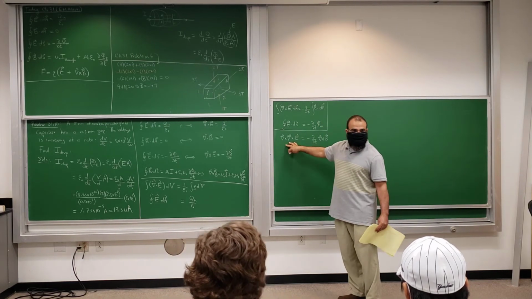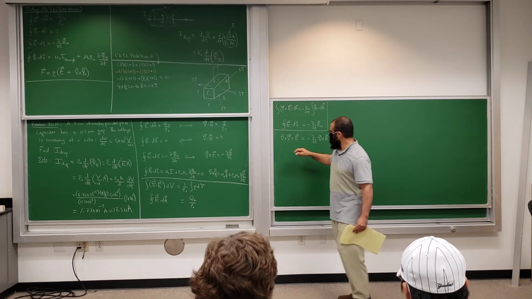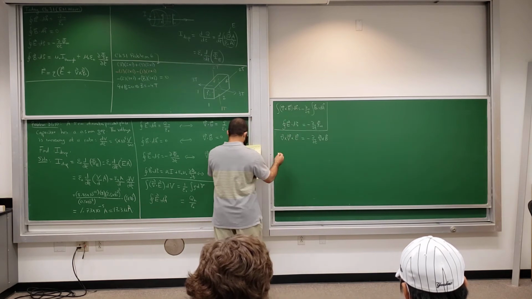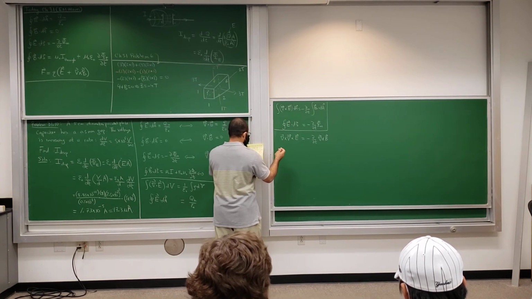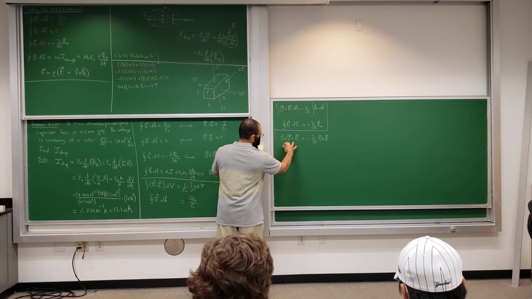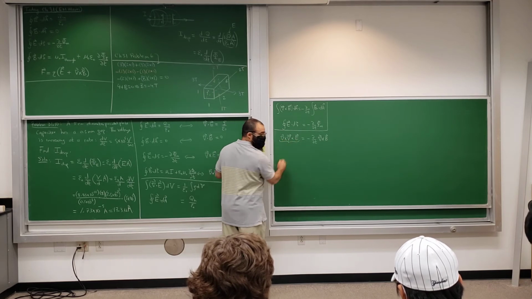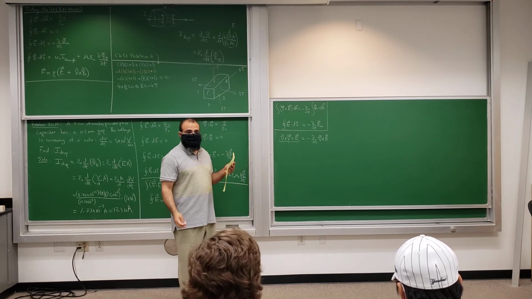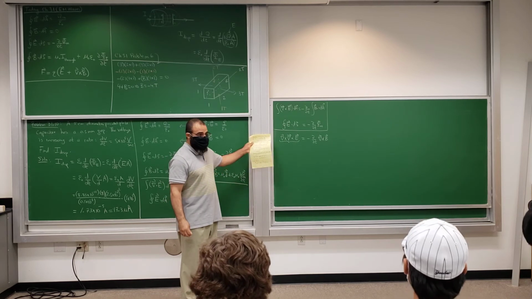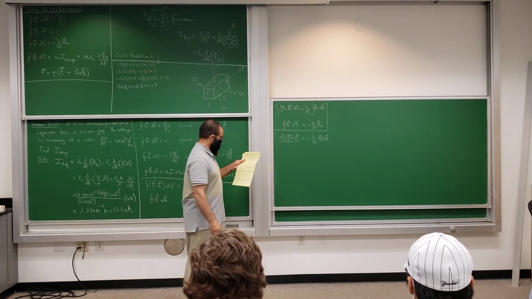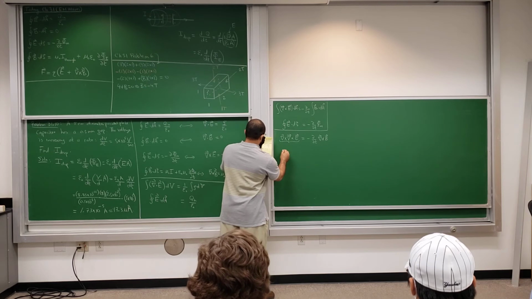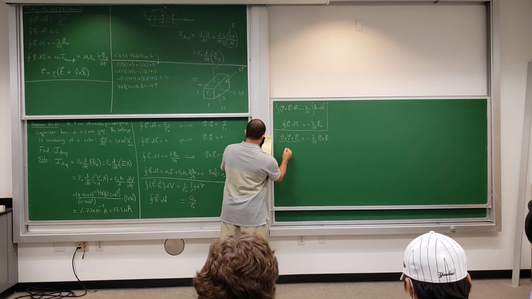There is an identity here, and I will tell you what it is. If I don't use it, I forget it myself. This is just an identity from properties of curls. So you got this. Where is my identity?